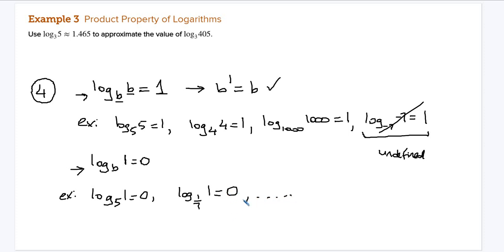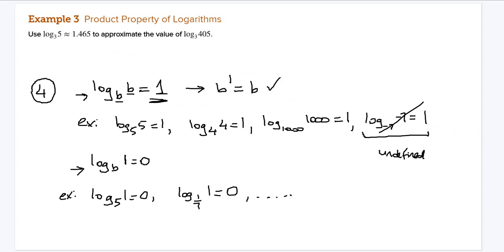But you will see this part more, that if you have the base and the standard number same, that will be equal to 1. Okay, don't forget that. Make sure you copy this one somewhere on the book. Consider this one as rule 4. Product rule, quotient rule, power rule, and it doesn't have a name, maybe you call it base rule, will be fine. Okay, so now let's look at example 3.